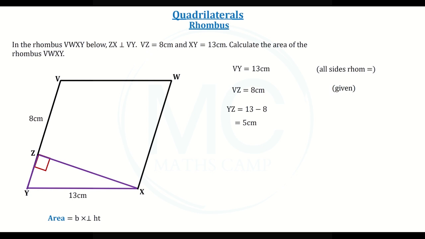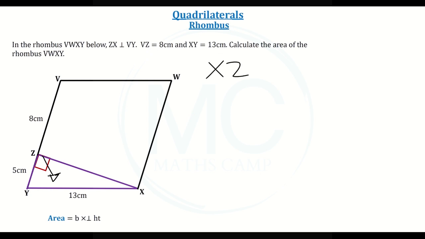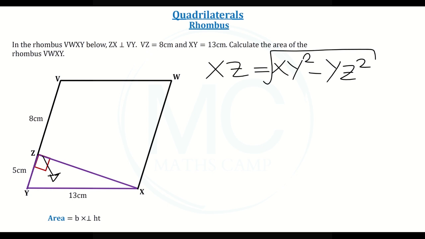Now let's put 5 centimeters into our diagram and we can make some space. In triangle XYZ, XY lies directly across from the 90-degree angle. So XY is our hypotenuse. So to find the length of XZ, we can say XZ is equal to the length of the hypotenuse, XY squared, minus the other known side, YZ squared, all under a square root.